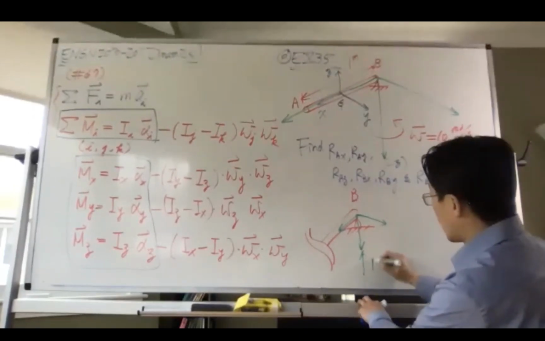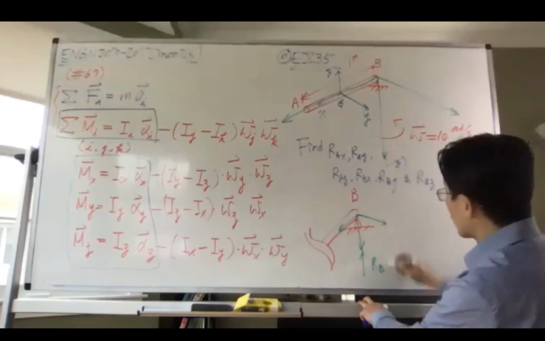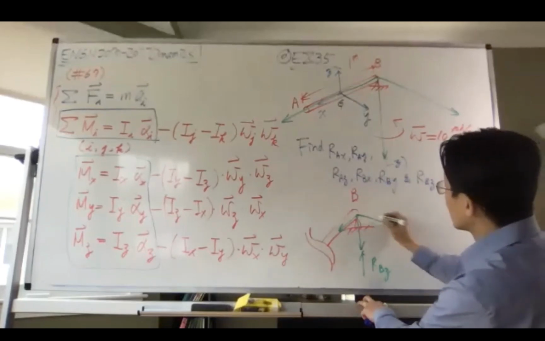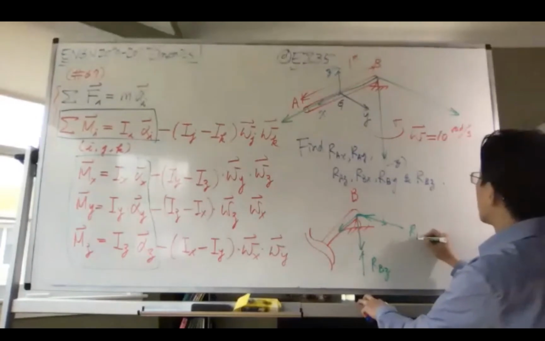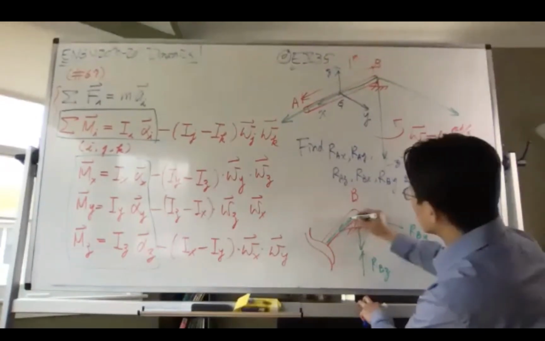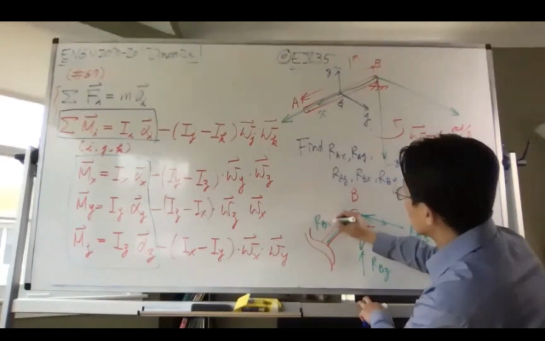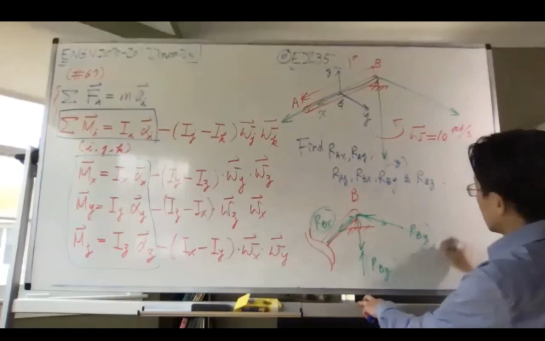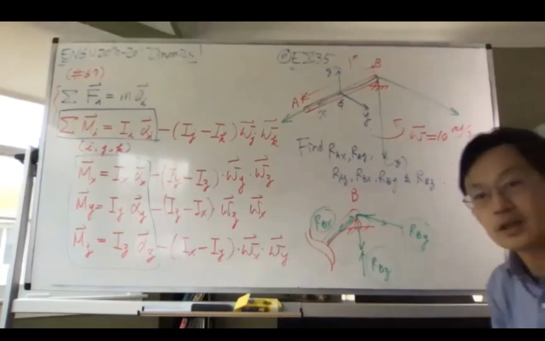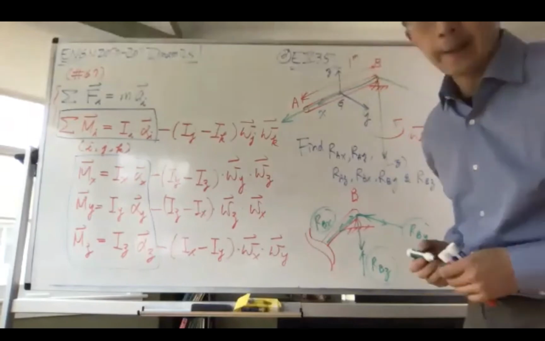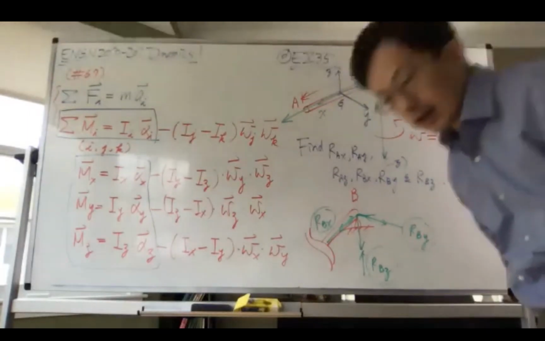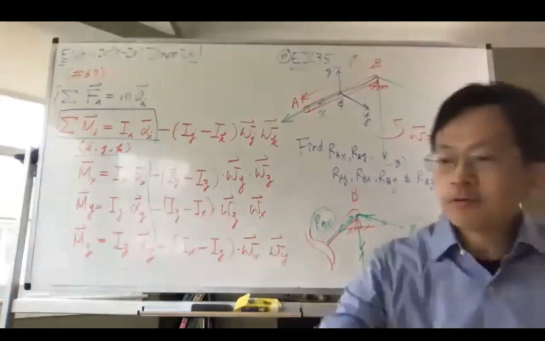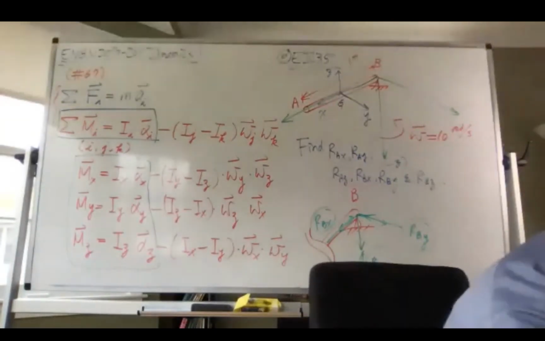This will be RBZ. And in this direction, if you assume either way, this will be your RBY, and in this direction is your RBX. That's what the problem is about. I will finish this example on Wednesday.